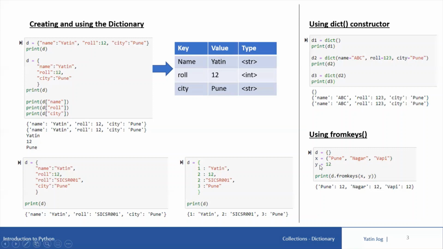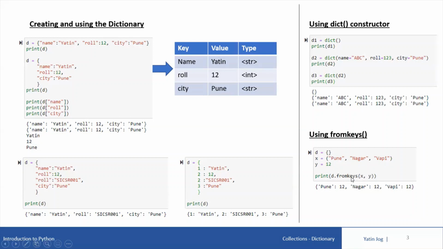And then I have one integer y equal to 12. Suppose I want to create a dictionary D with all the keys as the elements of x mapped with the value 12. So I can say print D dot fromkeys, and I pass the arguments x comma y. So x is a tuple argument and y is an integer argument.